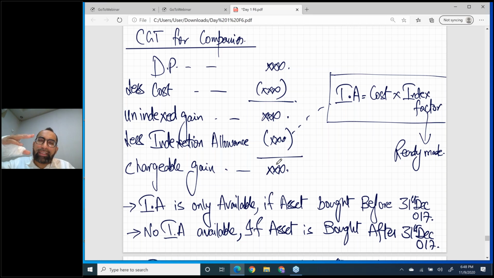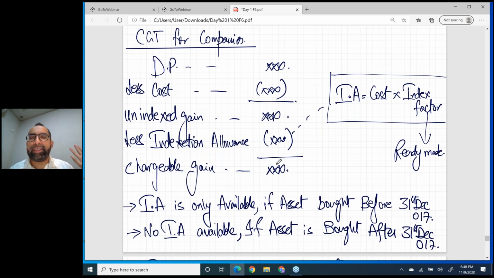We bought it for 10,000 and let us say we sold it for 15. So this increase in value is because of inflation as well. The tax department has allowed us to remove the inflationary element of gain.